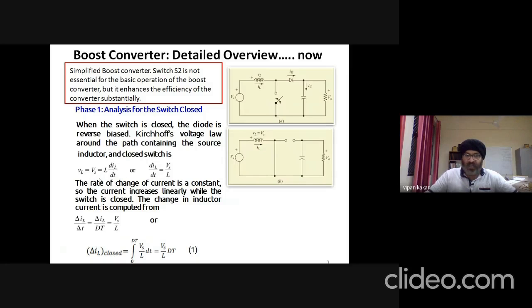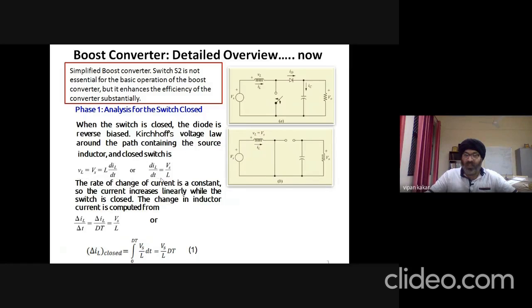So L dIL by dt is equal to VL, which is equal to Vs, assuming no resistive loss over here, assuming a pure inductance. So this voltage will be exactly equal to the voltage across the inductor, which we can show from here.